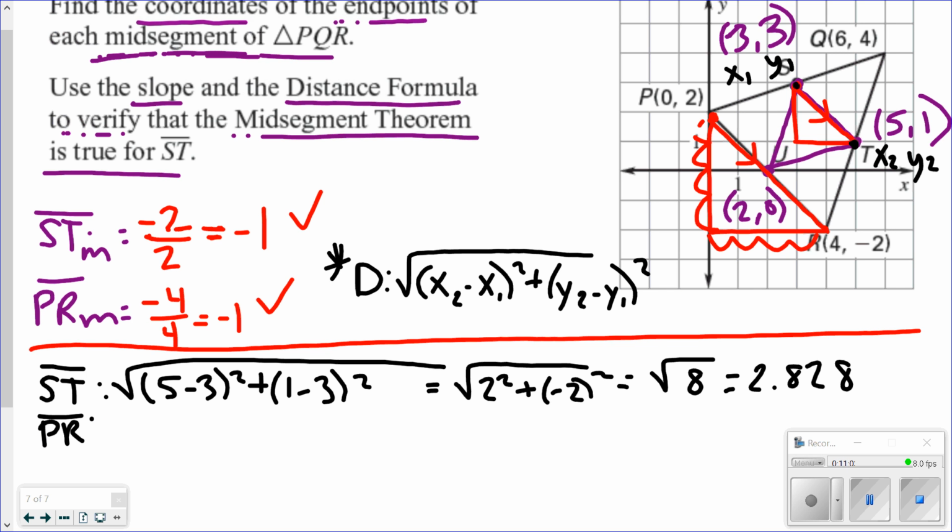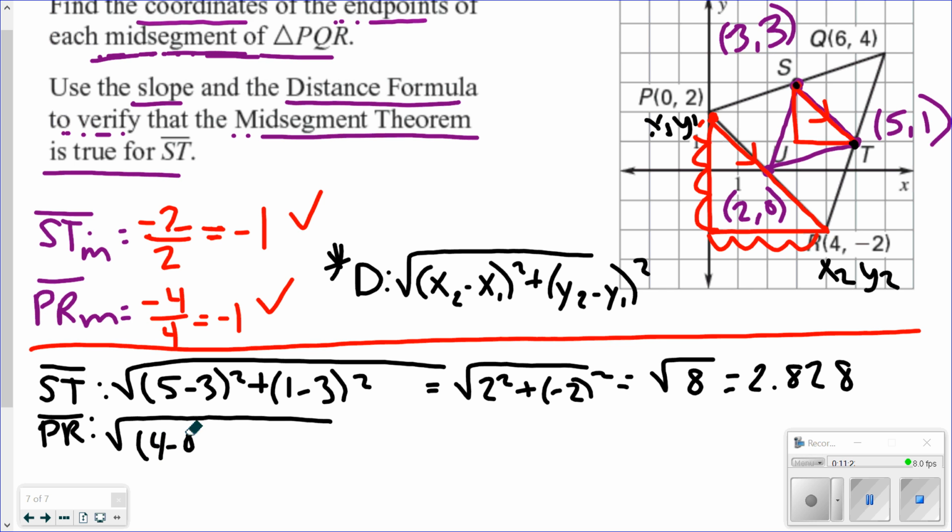All right, so now let's find the length of PR. And remember, it should be doubled, so let's see what that looks like. So for PR, I will call this x1, y1, this x2, y2. So this will give me 4 minus 0 squared plus negative 2 minus 2 squared.